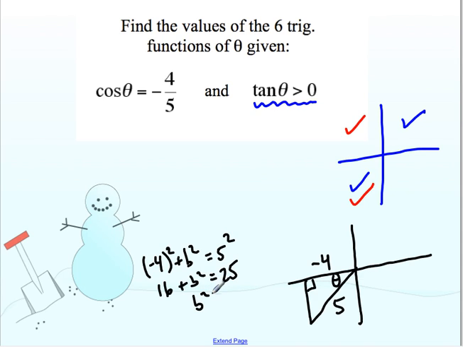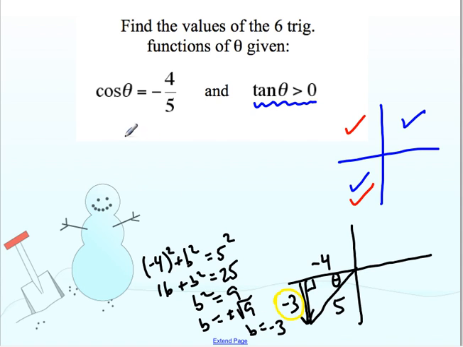So b squared is going to equal 9. Now be careful, just like that last problem. Should my answer be a 3 or should it be a negative 3? Well, look at what it's doing. It's pointing down, so that needs to be a negative 3. Okay, so watch out for that. Again, that's something that you might miss, is the fact that it's pointing down, so it's got to be negative.